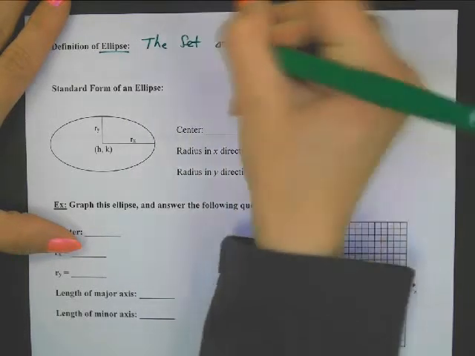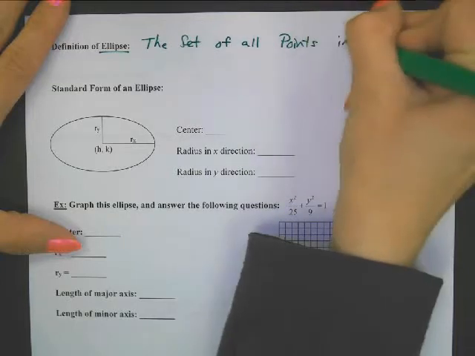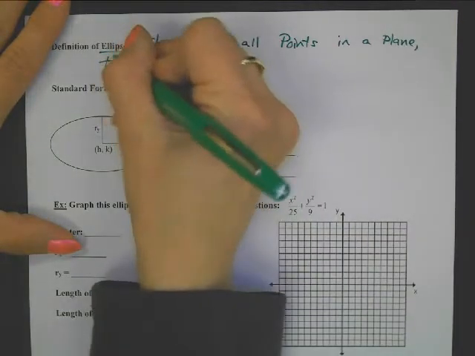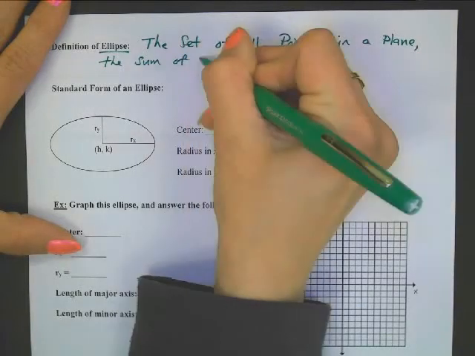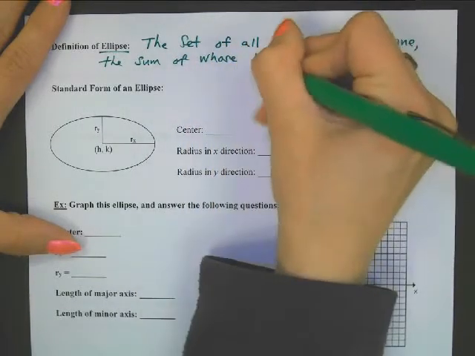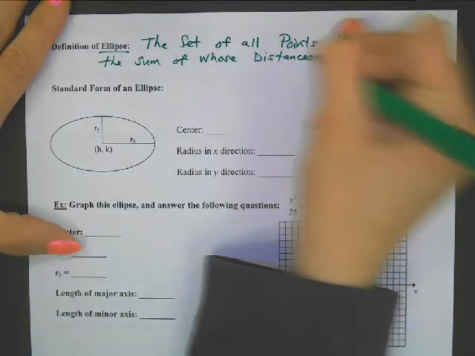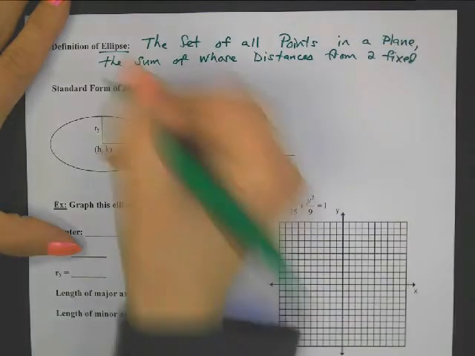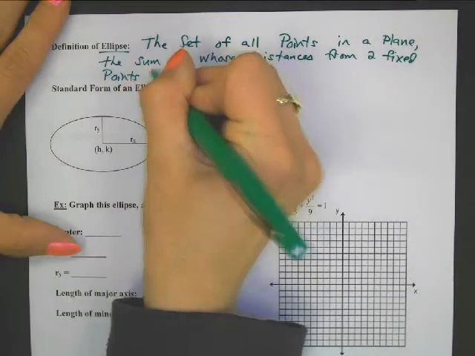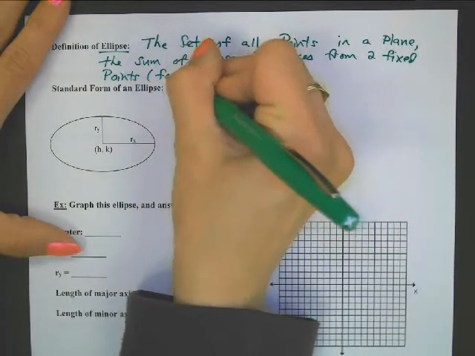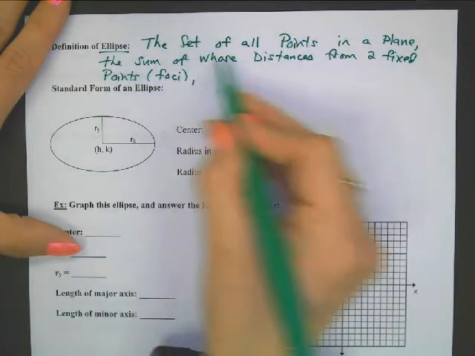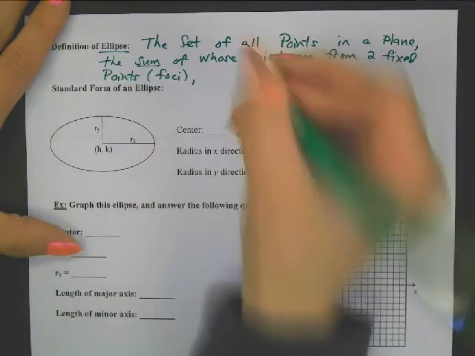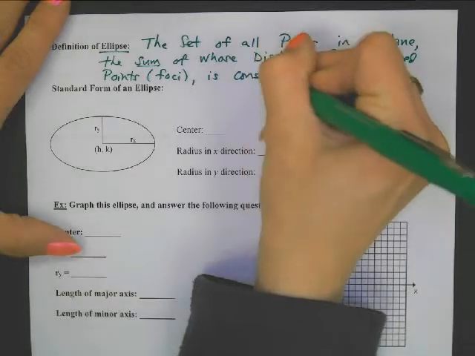The set of all points in a plane, comma, the sum of whose distances from two fixed points, and those fixed points are called foci, is constant.